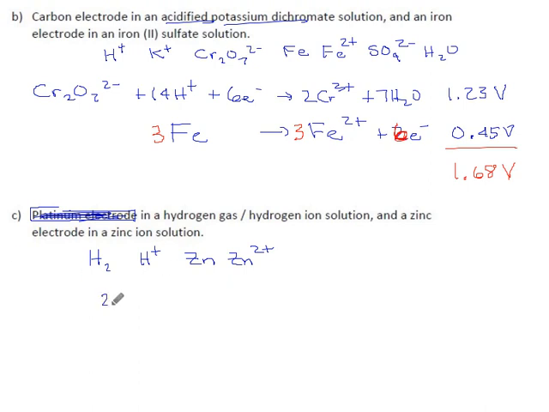So our first reaction is 2H+ plus 2 electrons turns into hydrogen gas, and for that 0.00 volts. The other one, not surprisingly, is zinc metal turning into zinc 2.